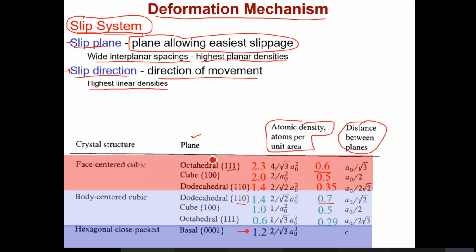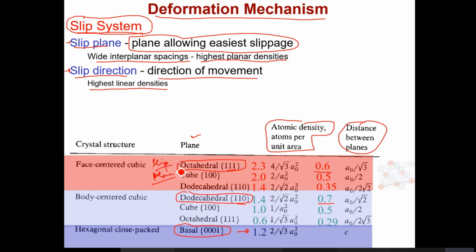Considering this, in FCC, {111} planes satisfy the criteria of the slip plane. Similarly, in BCC, {110} planes, and in HCP, the {0001} planes are the planes that fulfill the criteria of the slip plane. That means the planes on which it is easiest for the dislocation to move.